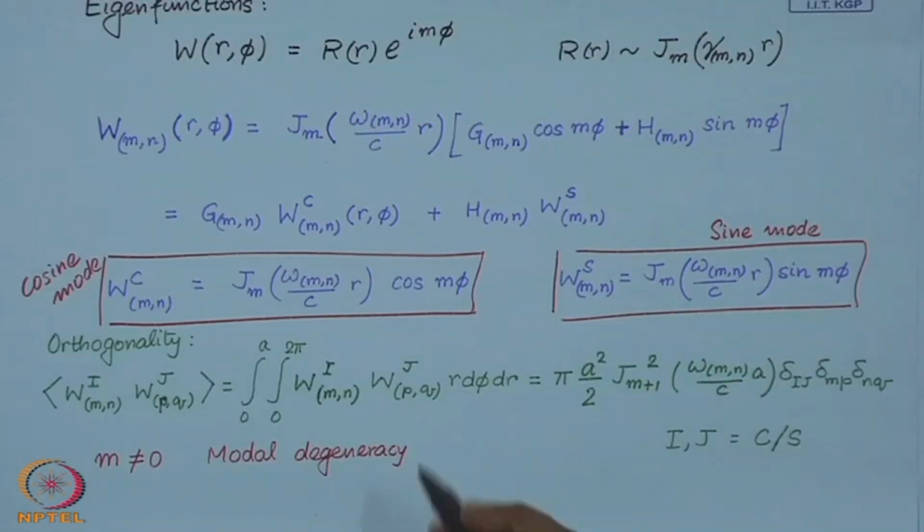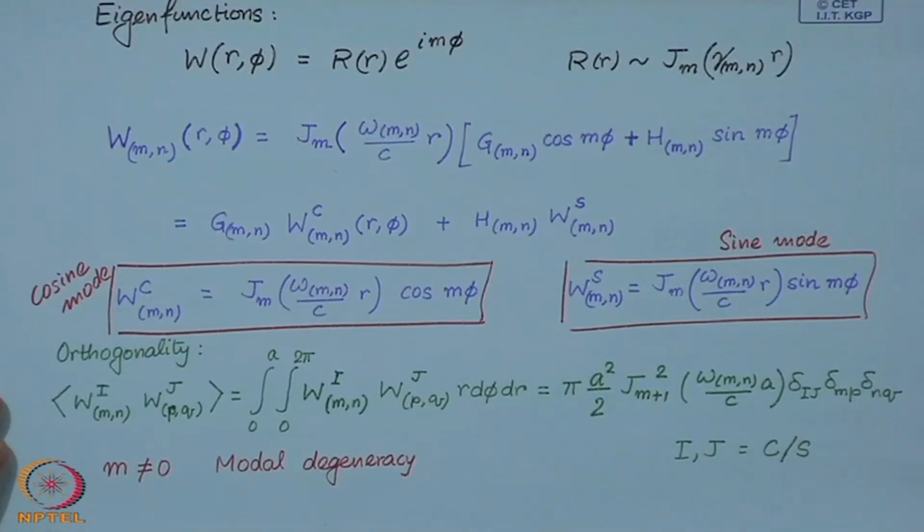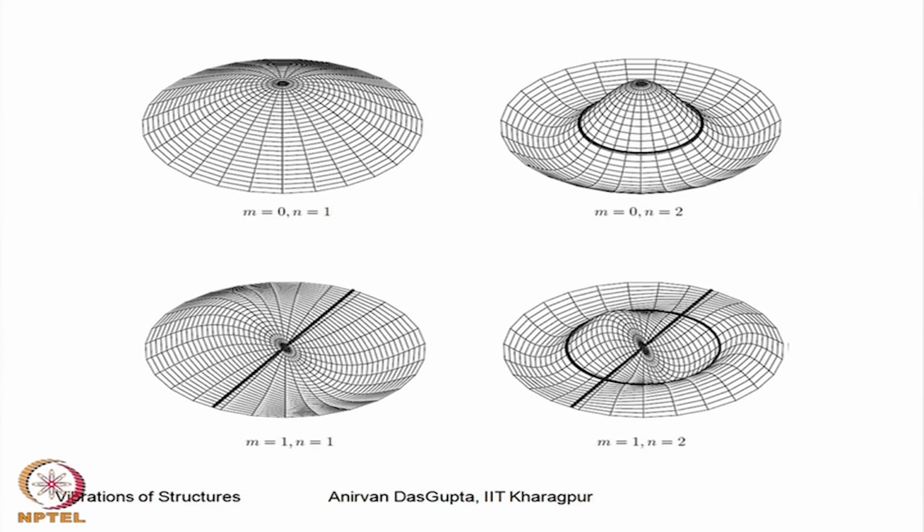Now, let us see how the modes look. In this figure I have plotted some of these modes. These two are the symmetric modes, m equal to 0, the first corresponding to the first root, so n equal to 1, and this is n equal to 2.